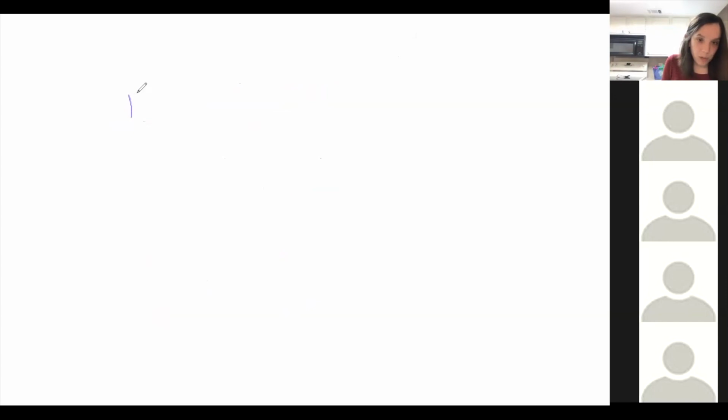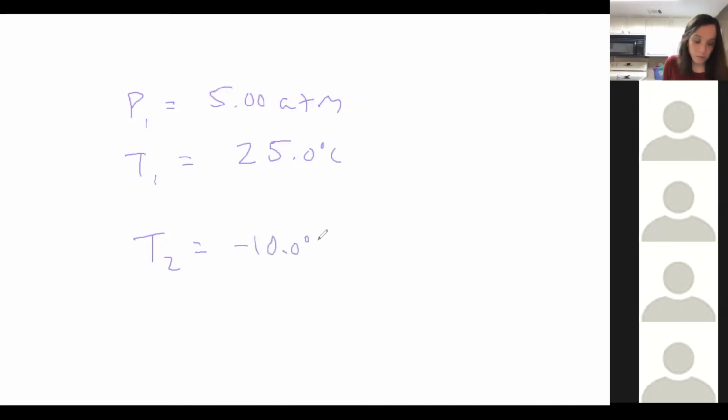So originally the pressure is 5 atmospheres, that's P1. T1, initial temperature, 25 degrees Celsius. And then the temperature falls to 10 degrees below 0 Celsius. So that's the new temperature, T2. And they're asking, what is the new pressure in the canister? So we want to find P2.